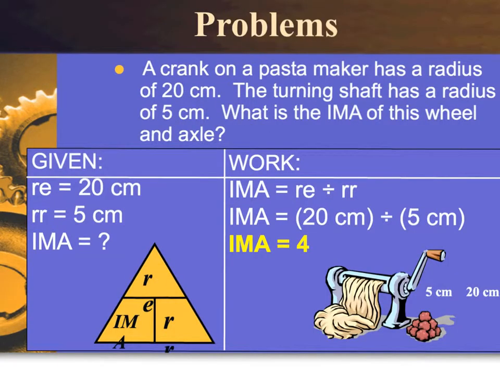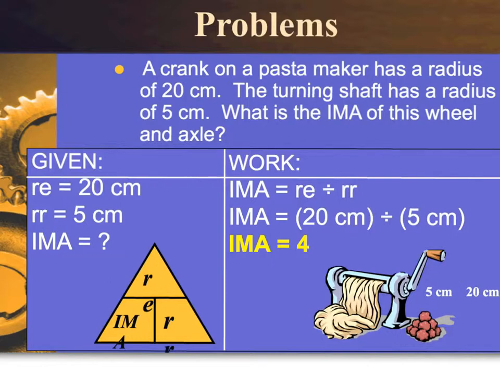Now here we have a wheel and axle mechanical advantage problem dealing with a machine that makes pasta. The crank on the pasta maker has a radius of 20 centimeters. The turning shaft has a radius of 5 centimeters. What is the ideal mechanical advantage of this pasta maker?